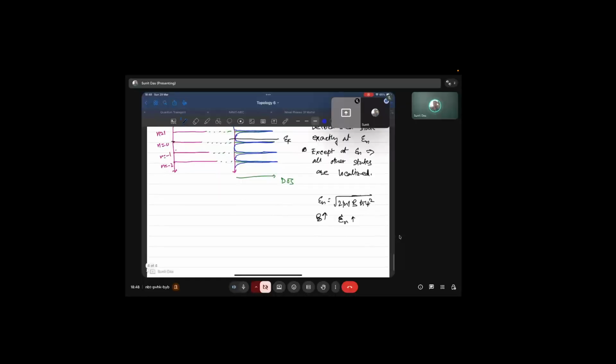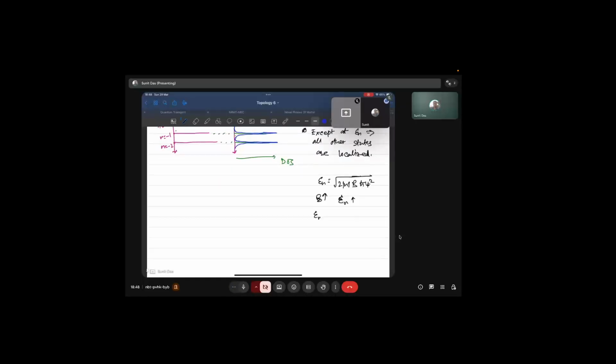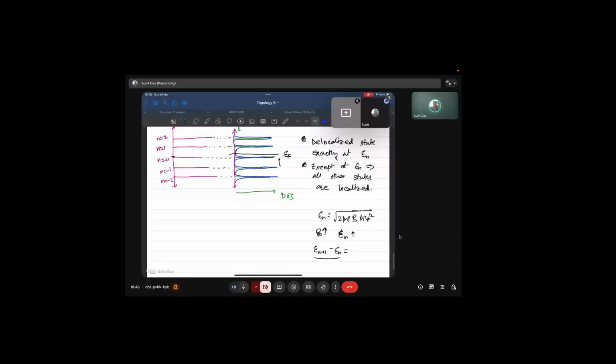That is number one. And as I told you in the earlier class, epsilon n plus 1 minus epsilon n, which is the energy gap between two consecutive Landau levels, also increases as you increase the magnetic field.